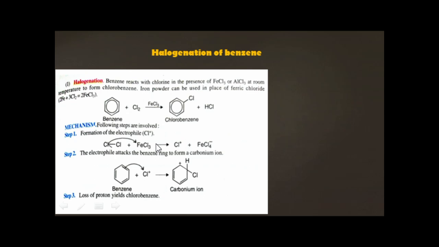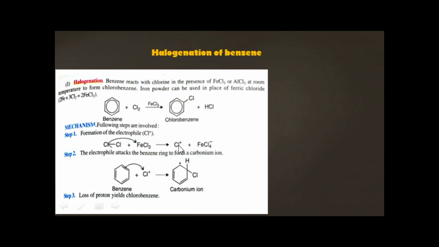When we look into the mechanism, in the first step, the attacking reagent, that is chlorine, forms an electrophile in the presence of catalyst ferric chloride. So this Cl2 is the attacking reagent. This attacking reagent in the presence of ferric chloride forms the chloronium ion.